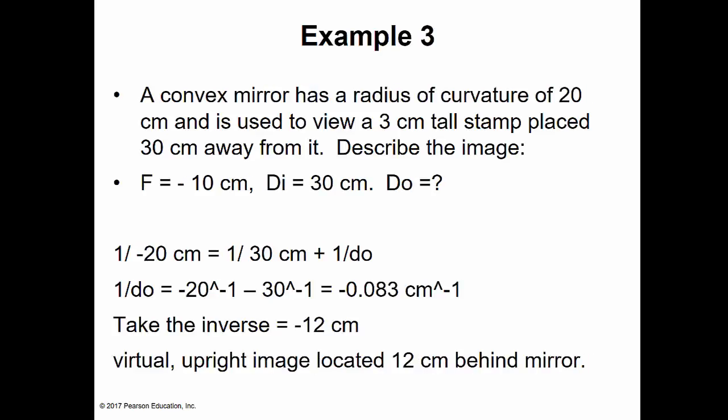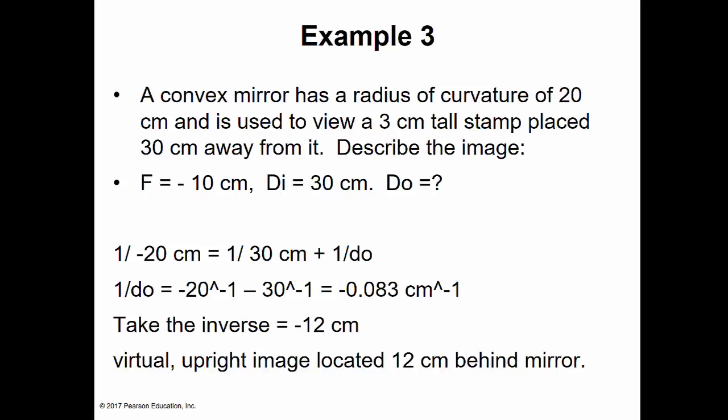What if we change the mirror and keep the same numbers? So now we're dealing with a convex mirror. A convex mirror diverges light, so its focal point will be negative 10 centimeters. The image distance is still 30 centimeters.